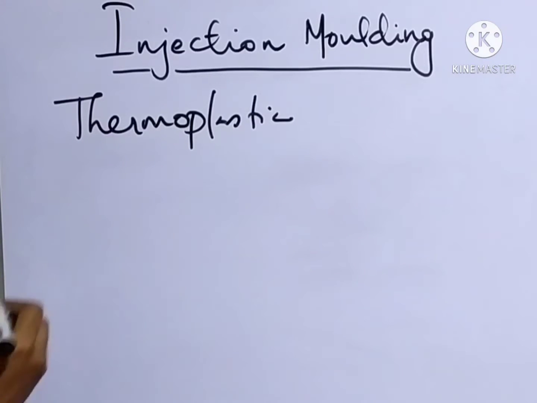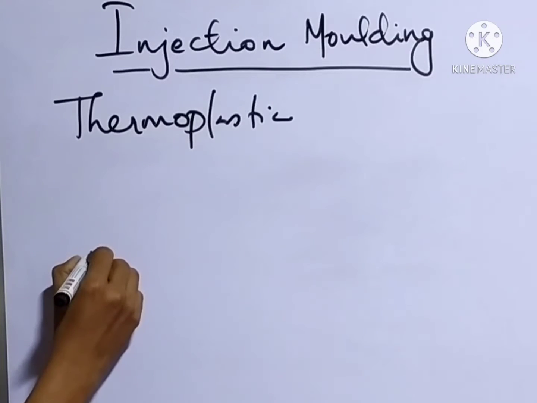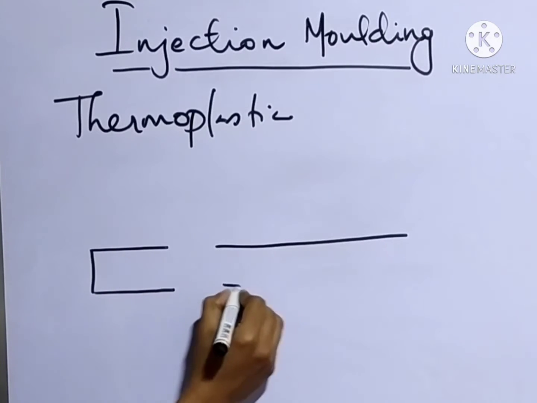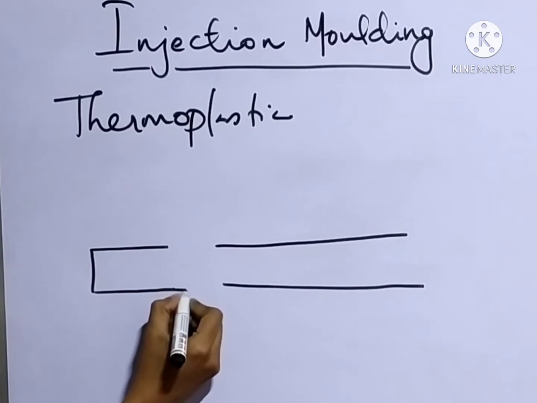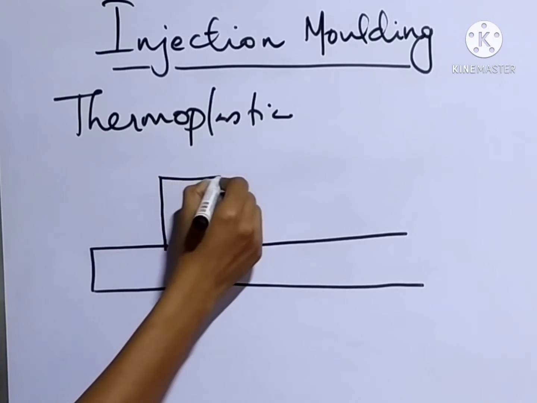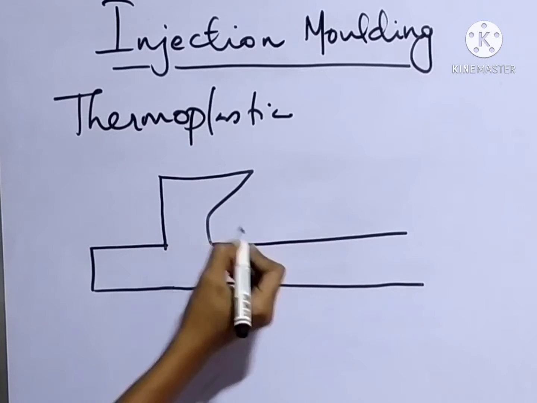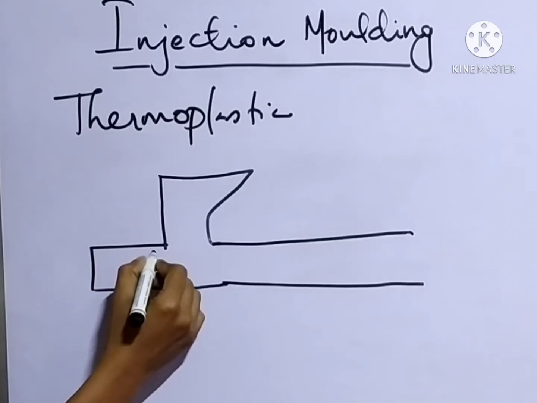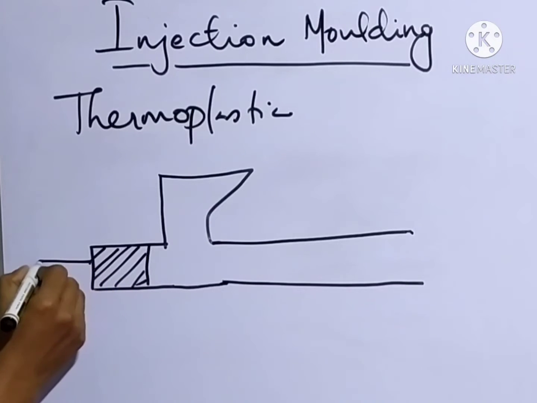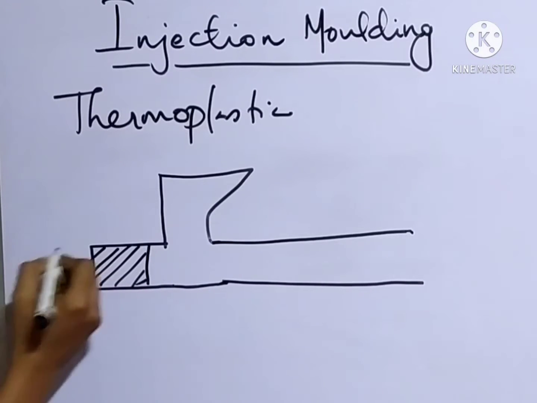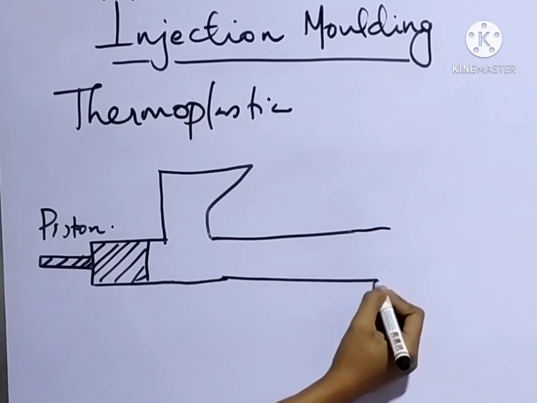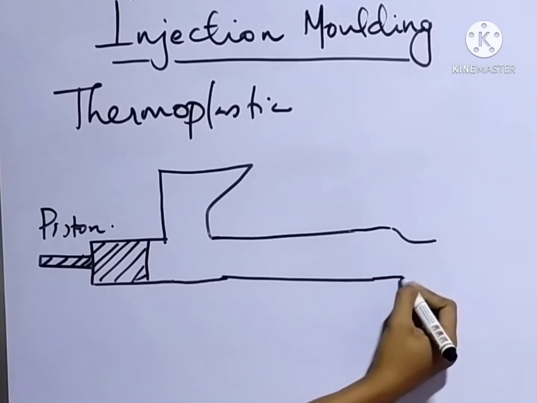This molding instrument contains a large cylinder which is attached to a hopper, and one end is connected with a piston and the next end is open to the mold.